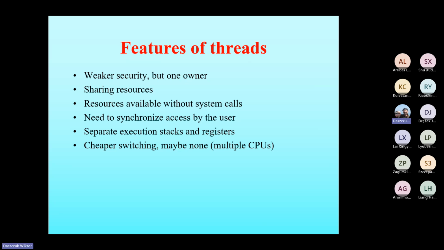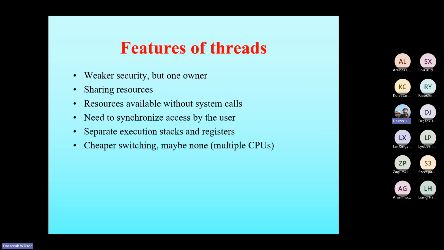Between threads, we have weaker security, but the owner is the same, the owner of the process. They share all the resources. It means that if one of the threads allocates some resource, it is available to all the threads in the program.